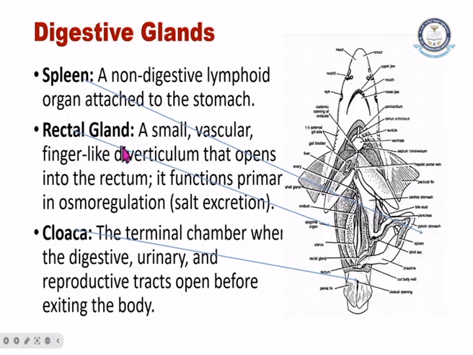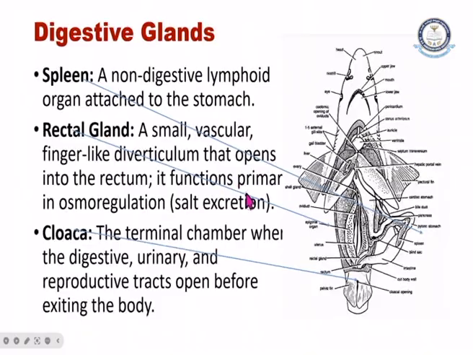It has another organ called the rectal gland. This is a small vascular finger like diverticulum that opens into the rectum. It functions primarily in osmoregulation, that is salt excretion.